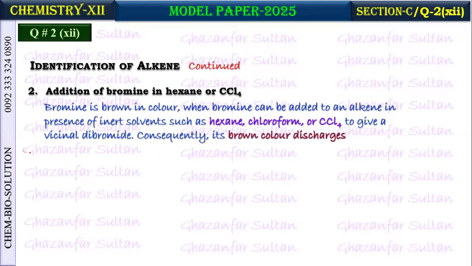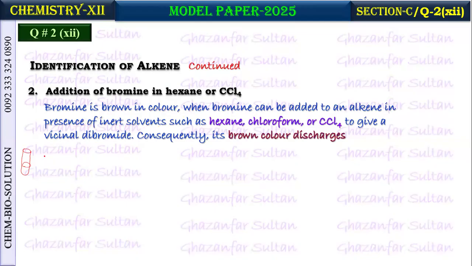The difference is that here in the test tube, you will take the solution in any of these inert solvents, which neither act as a nucleophile nor a base, nor react in any other way with the alkene. That's why they are called inert solvents, and these are non-polar compounds.